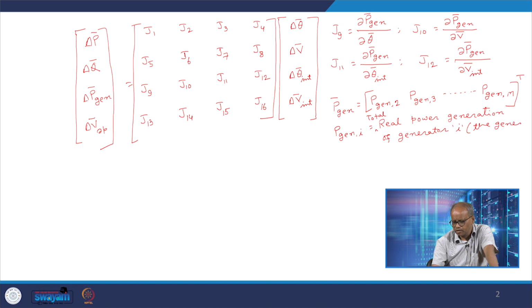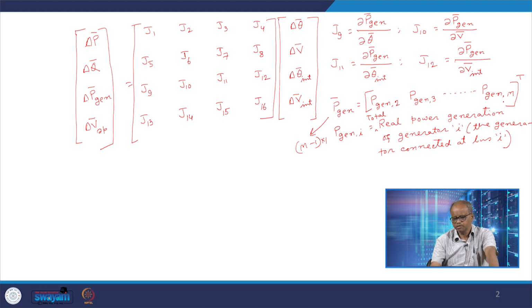Please note that in our case we have assumed that all the M generators are connected at the first M buses of the system. And so this vector is m minus 1 cross 1.